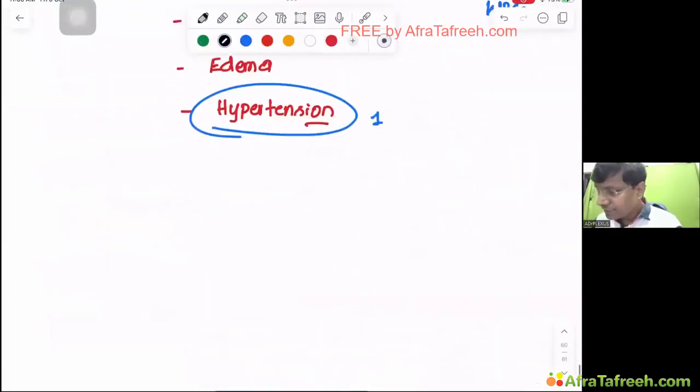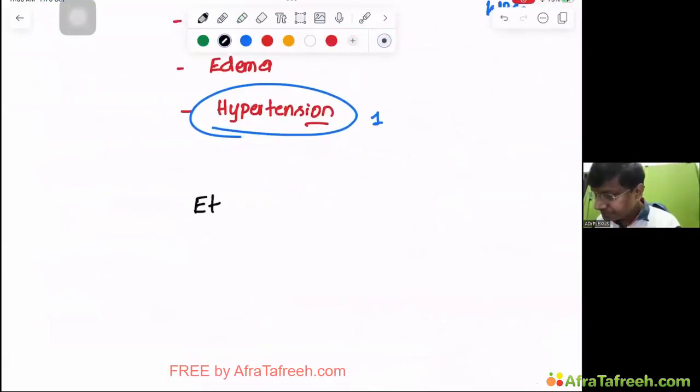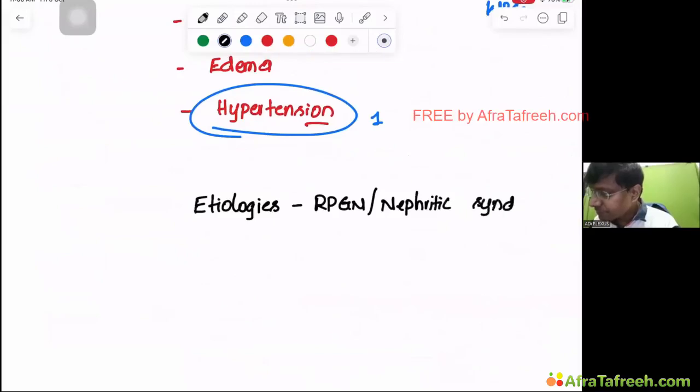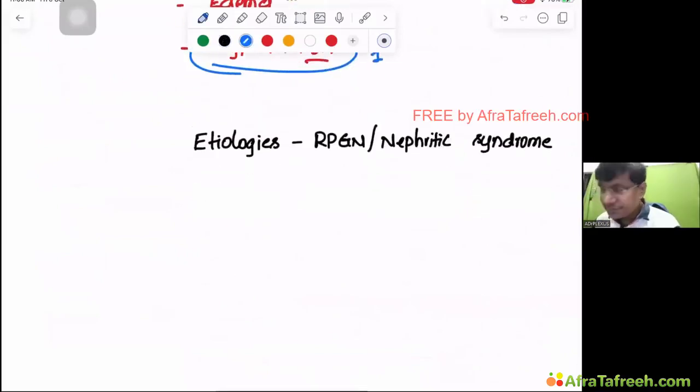So, if you take the etiologies that will be causing rapidly progressive glomerulonephritis or nephritic syndrome, what are all the etiologies that we have under RPGN?